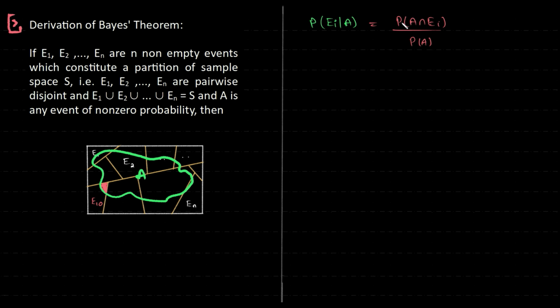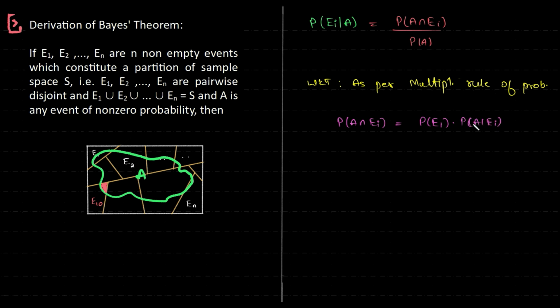And the numerator, as per the multiplicative rule of probability, P of A intersect Ei can be rewritten as P of Ei into P of A given Ei.